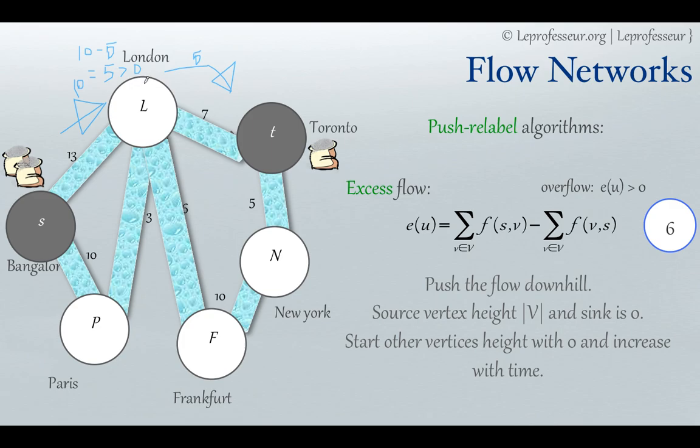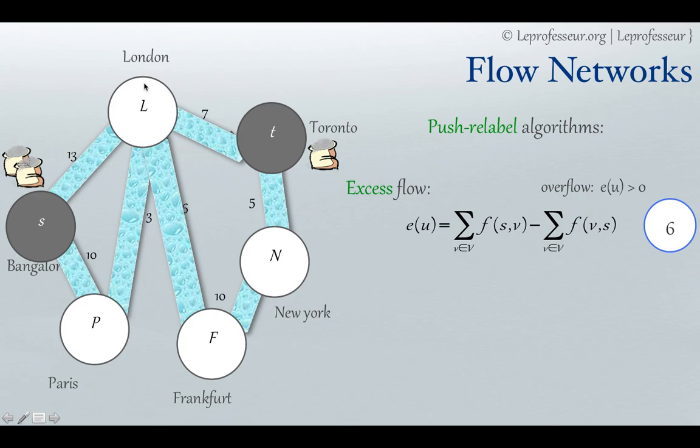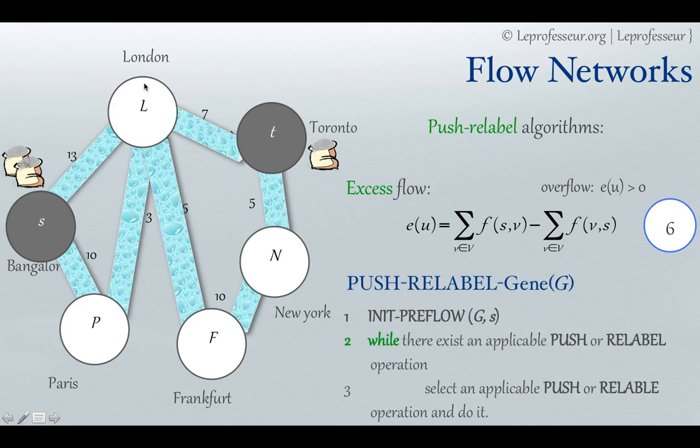Otherwise the algorithm is very simple: you just initialize the graph once and keep doing the push and relabel operations until there are no more push or relabel operations left. That's a very simple algorithm.